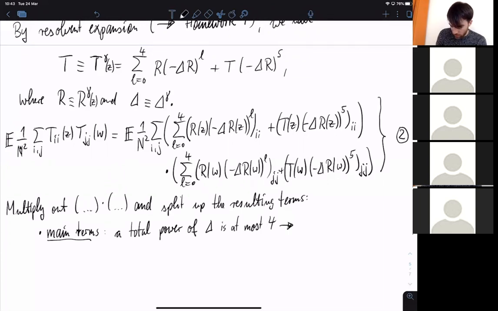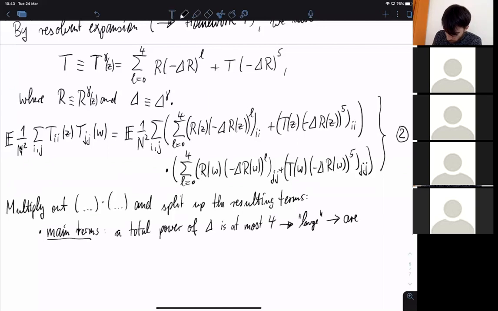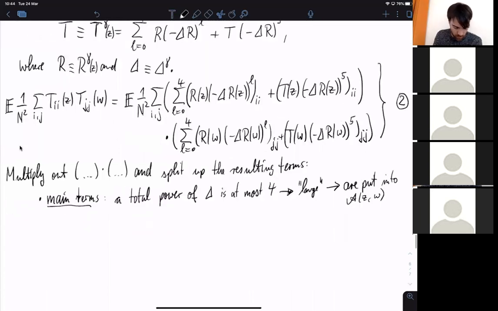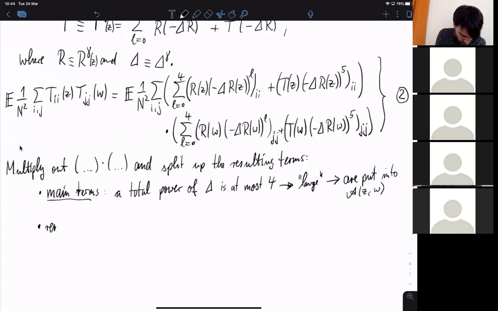And these things are somewhat large, but they can all be put into A, because we will see that they would be the same for S and T. So they are put into A, Z, W, and then there are the remainder terms, and they will be small because the delta has a small rank, and we can use the local law to estimate this resolvent.